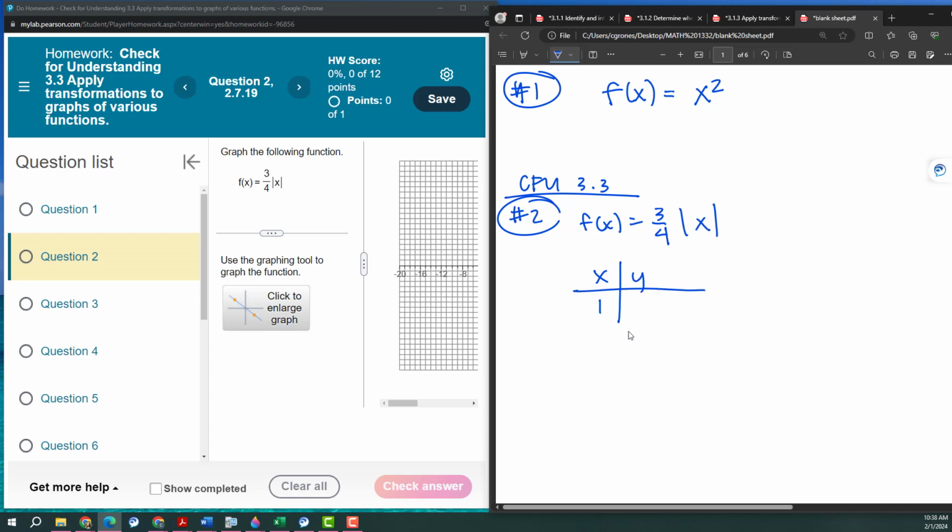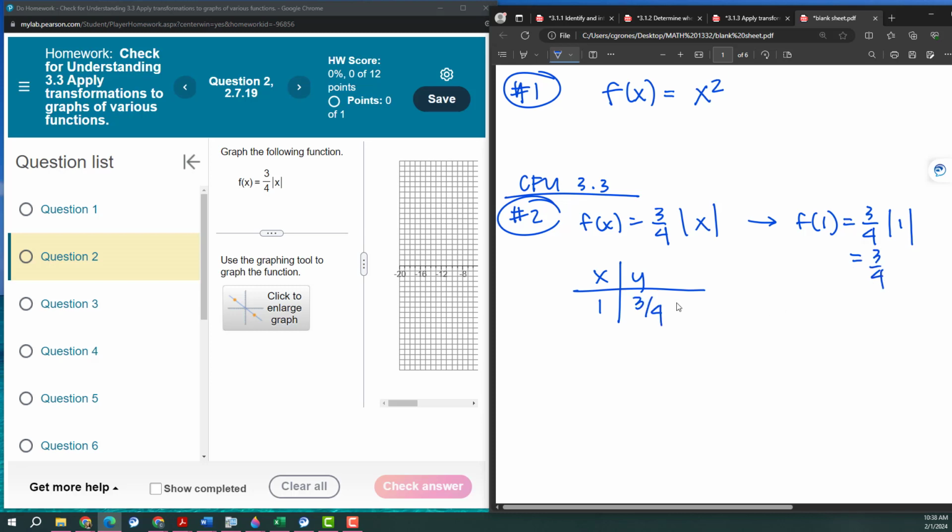If I set x equal to 1, so f of 1 equals 3/4 times the absolute value of 1. So I'm going to change x to 1. The absolute value of 1 is just going to be 1. So our y would be 3/4.